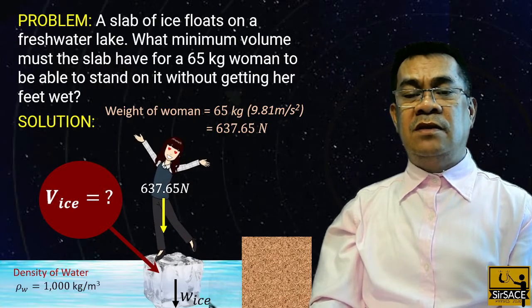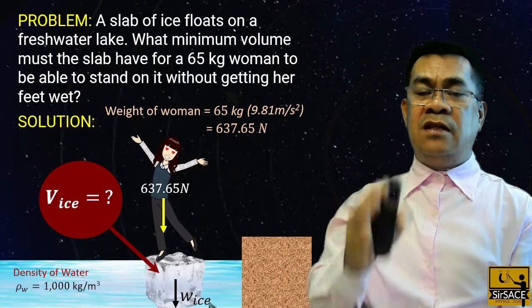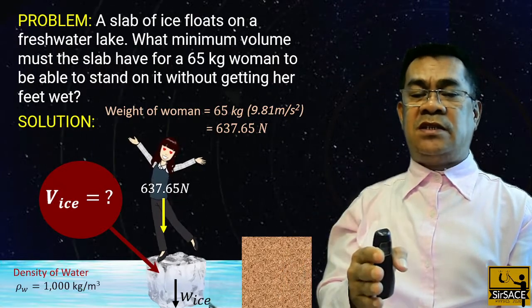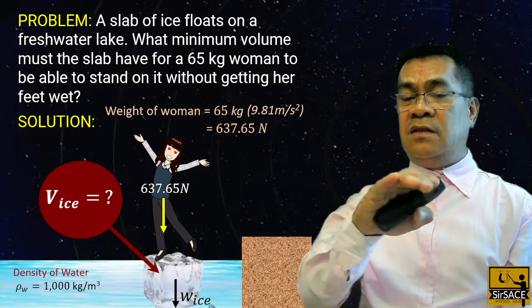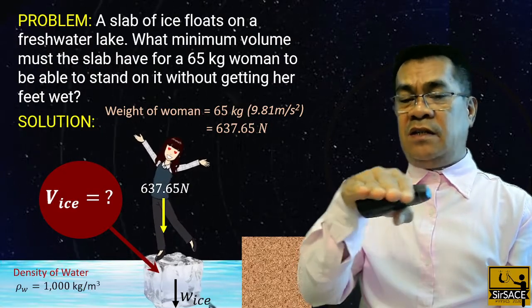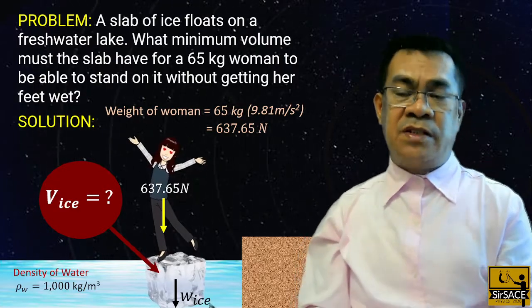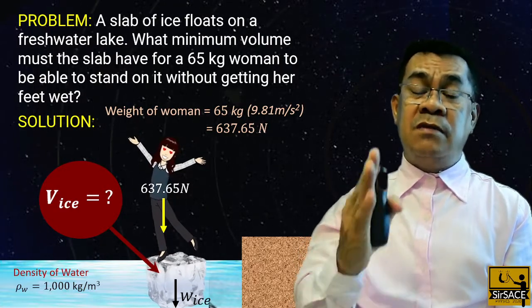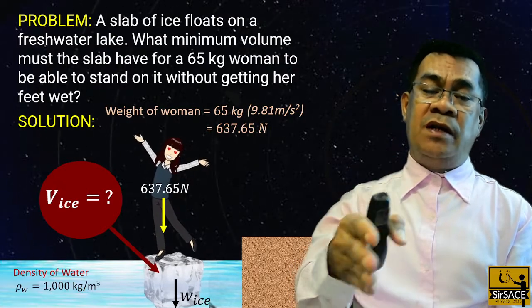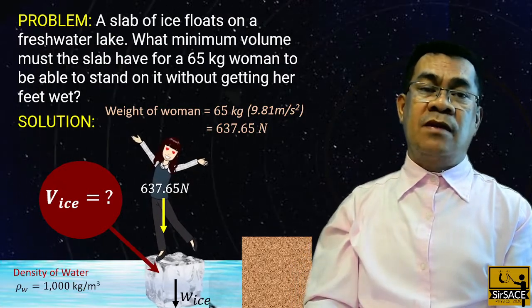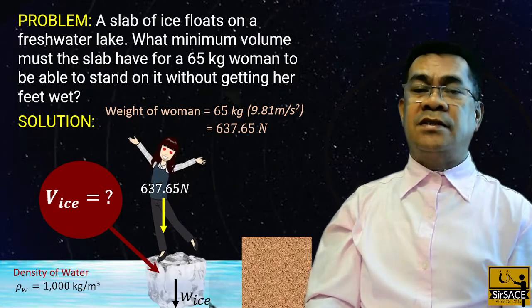Because all forces are downward, and take note that the woman and the ice are at the level, or static condition, meaning the upper part of the ice is level with the surface of the water, then there must be a force that counters the weight of the woman and the ice. And that is what? Buoyant force.